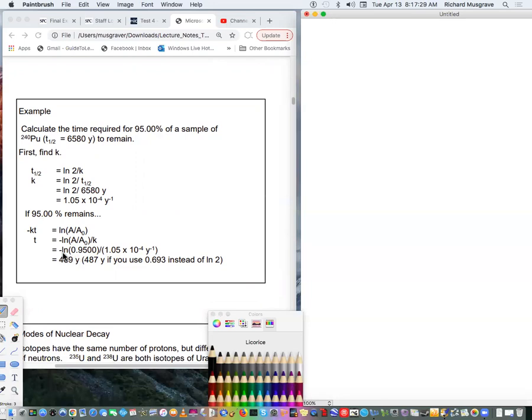And we do the math here, it comes out to be 489 years. So if 6,580 years represents the time it takes for half of it to decay, then the 489 years is expected for only 5% of it to decay. It's just going to be a lot less than 6,580 years.